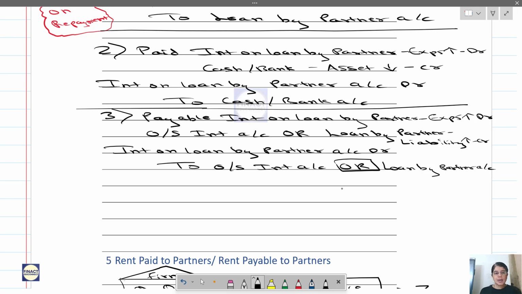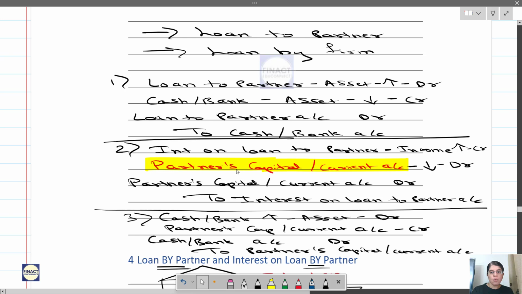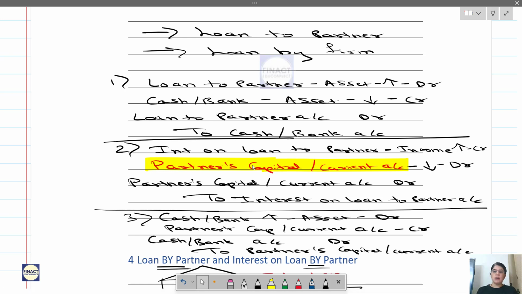Now understand this thing. Here, when the interest is payable, we have directly considered it as an outstanding interest account, or we have considered it in loan by partner account. We did not take it in the capital account. We are not crediting partner's capital or current account in this case. But in the above case, when that interest is recoverable from the partner, we debited the partner's capital or current account.